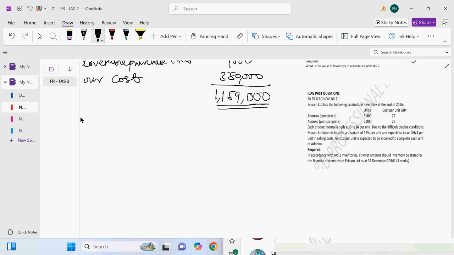Sir, the cost is wrong. I had 1,240,000. The labor cost is rather 350,000, not 380,000. It's 350, right? I believe you can see from the question.